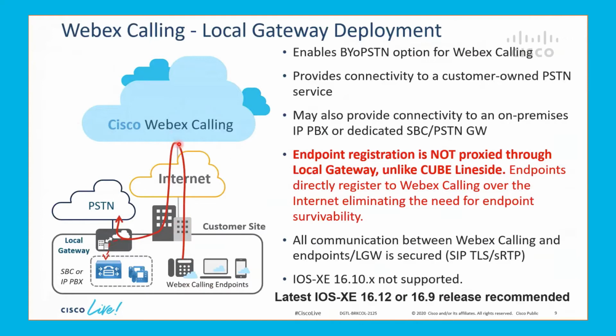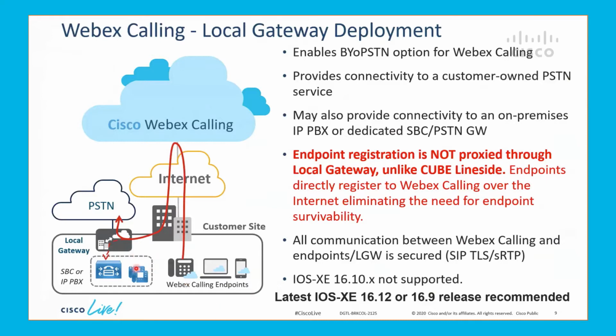At the same time, there is a local gateway on the customer premises, which is basically a Cube box for an all IP scenario, and its role is twofold. The first one, it gives the customer the ability to bring their own PSTN, utilize an existing PSTN option for these WebEx calling endpoints.